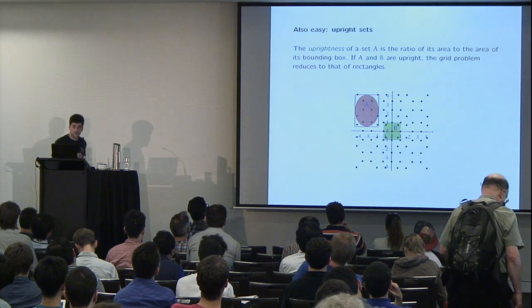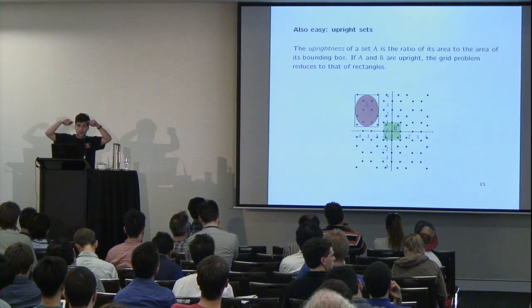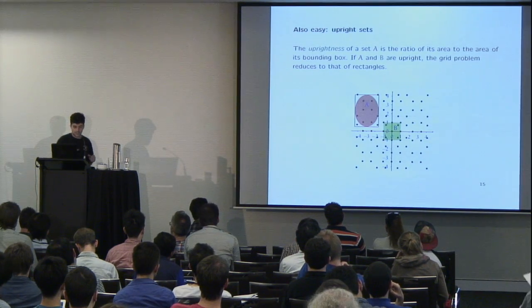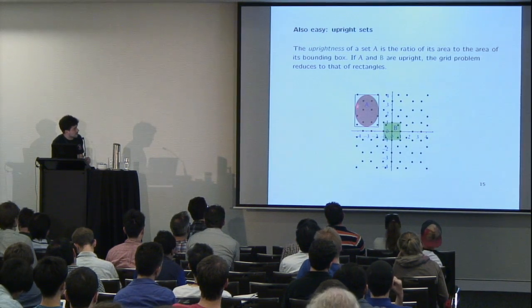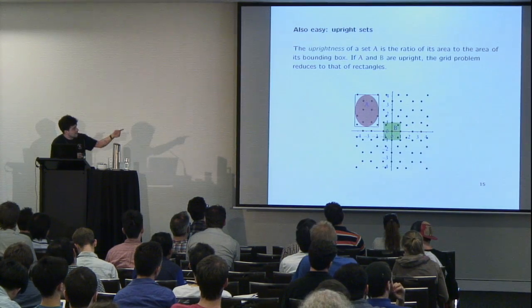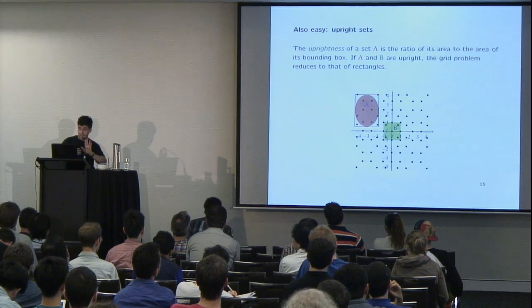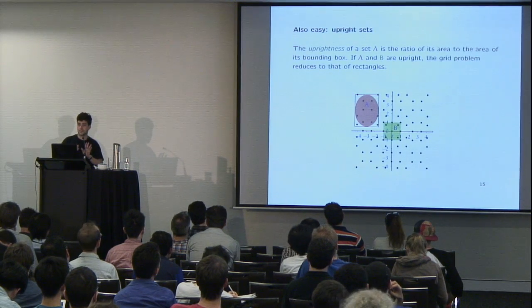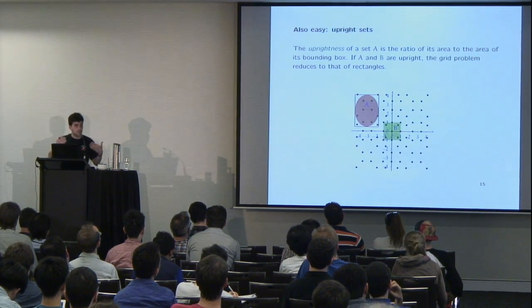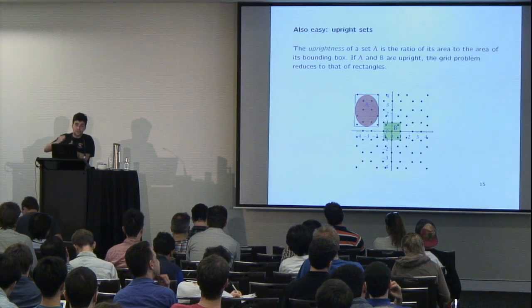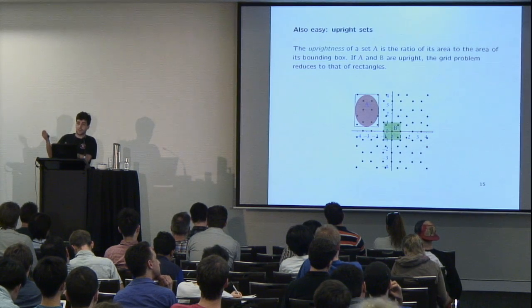To measure its uprightness, you draw the smallest upright rectangle that contains it. We call this its bounding box, so it's that red box here. And then the uprightness of A is the ratio of the area of A to the area of its bounding box. So that gives you some number between 0 and 1, and the closer the number is to 1, the more upright your set is.